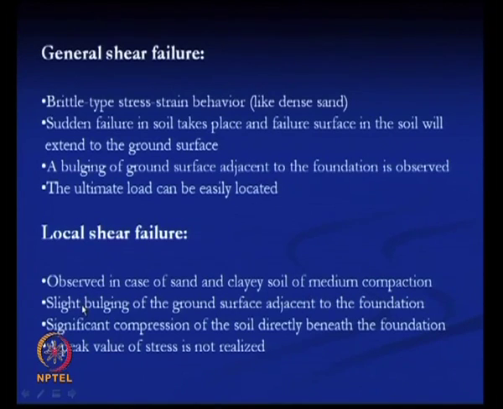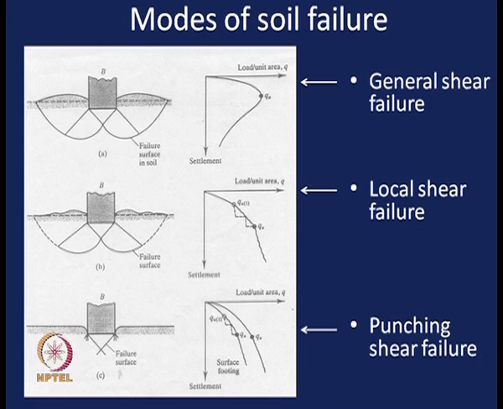Here you can see the slight bulging of the ground surface adjacent to the foundation. The bulging is more in case of general shear failure, but in the local shear failure only slight bulging is observed adjacent to the foundation on both sides.